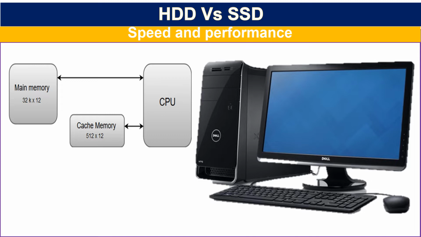By using a high-end CPU, good RAM and graphics card, the performance of your computer will definitely increase, but the boot time and the application opening and saving will not be so fast because you are using the slower hard disk drive.